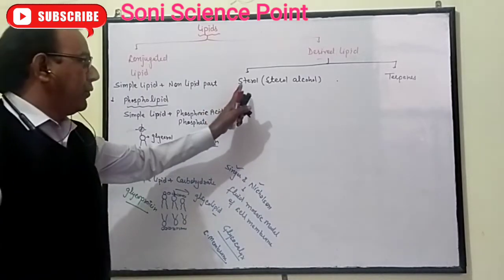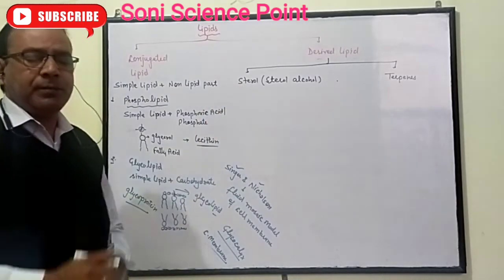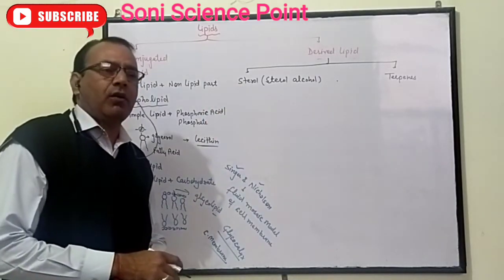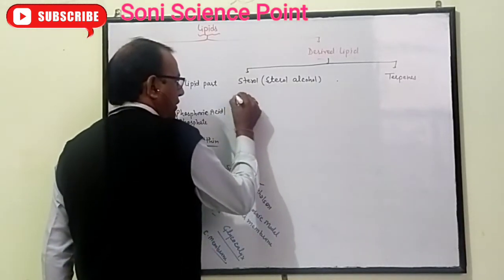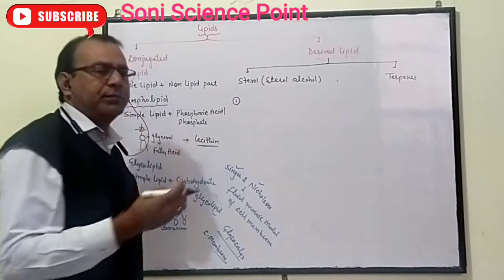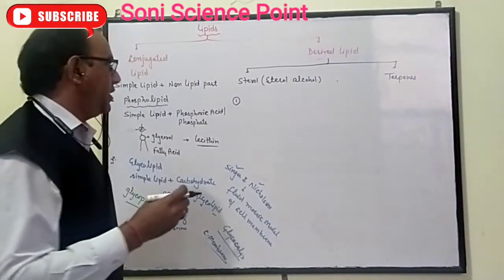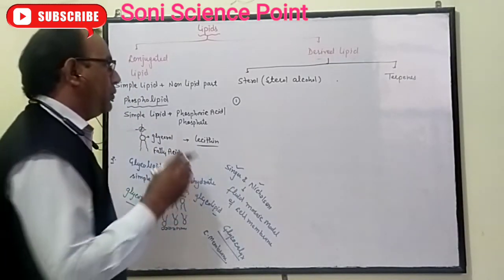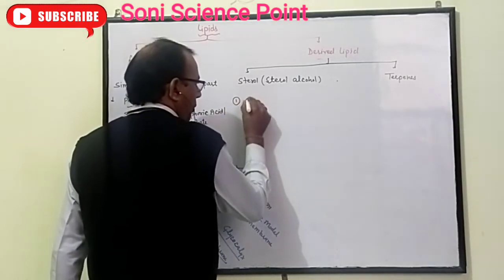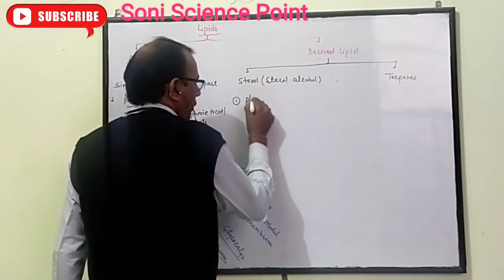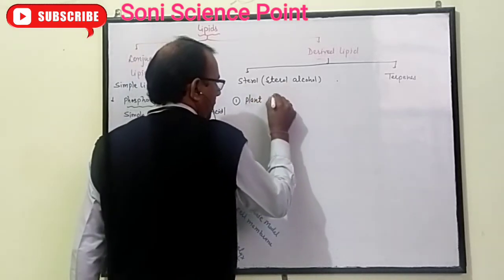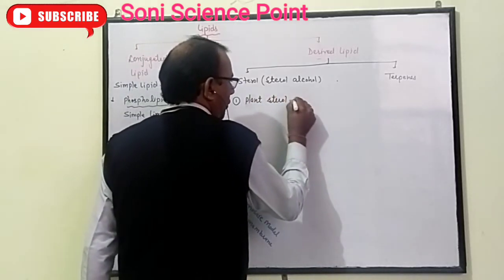On the basis of the source they are derived from, sterols are of different types. First, if the sterol is derived from plants, that sterol is known as phytosterol, or plant sterol.